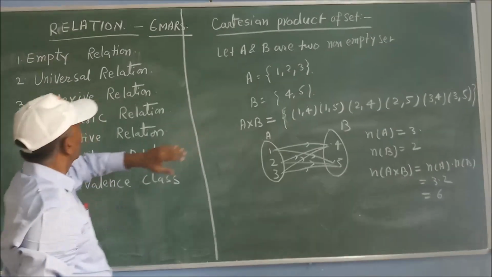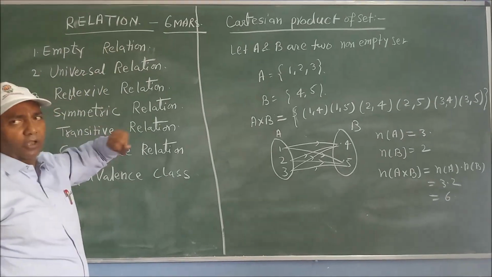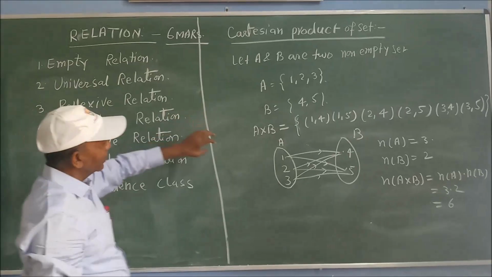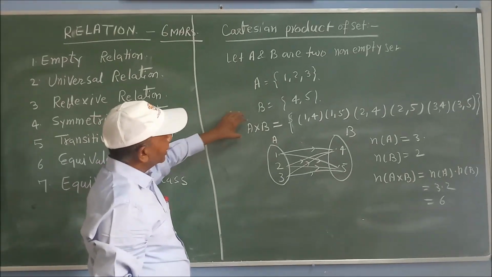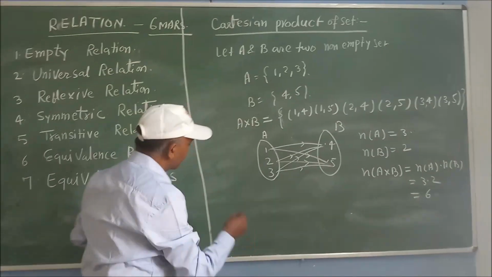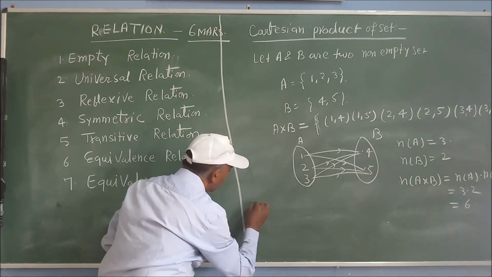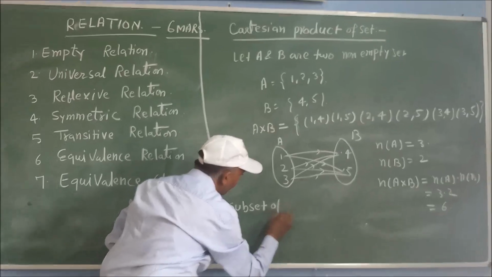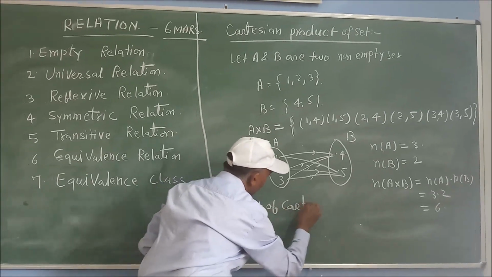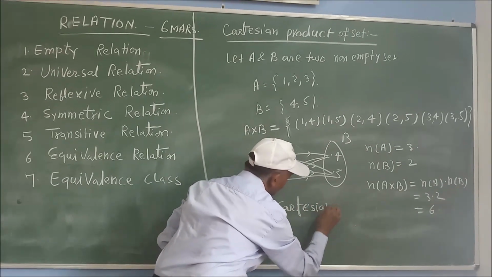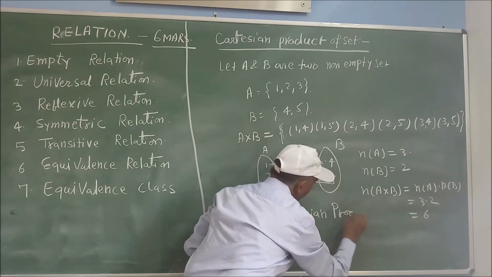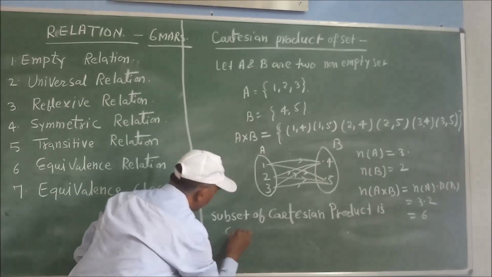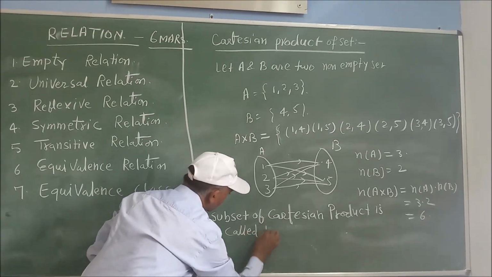But we have to know how we define relation. In class 11, you have also defined relation. Relation is nothing but a subset of Cartesian product. The definition of relation: a subset of Cartesian product is called relation.